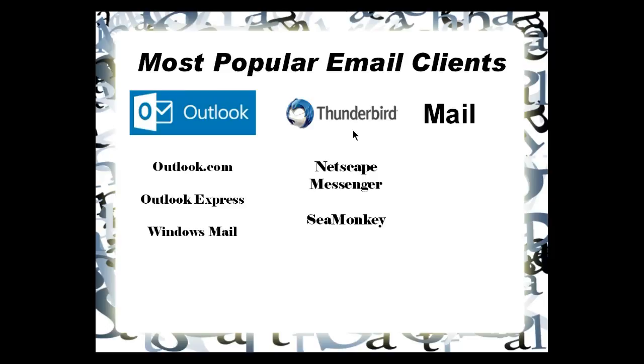Thunderbird, again, by Mozilla, and it also had Netscape Messenger, which was written by Mozilla, and SeaMonkey, which is still going and fairly popular as far as a client is concerned. For the Apple side, basically there is just Mail. That's the popular one, written, of course, by Apple.